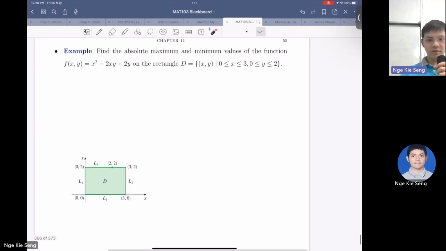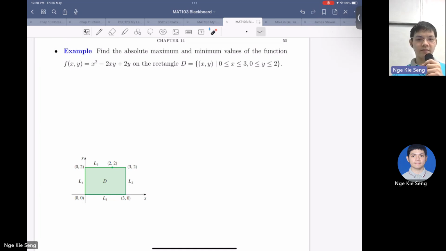So what do we want to do first? What's the strategy we said just now? Similar to one variable calculus, what do we want to find first? The gradient.